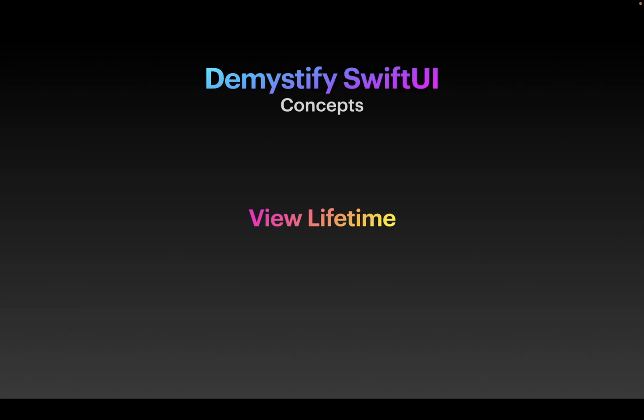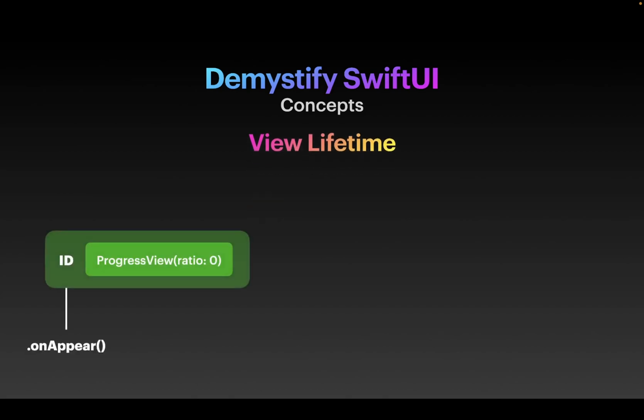Okay. Now, the next concept is about view lifetime. Take a look at this. For example, I have a view named ProgressView, and it takes an argument which is a ratio, and of course the ratio is a local variable stored in that view.